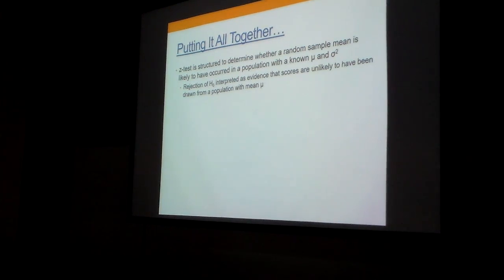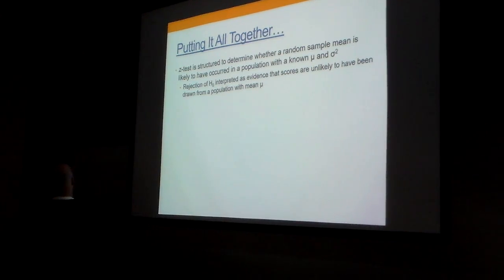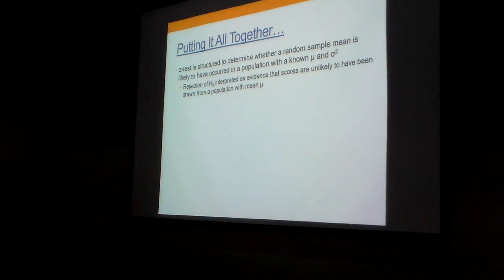So again, if I'm wanting to see if people who attend university have higher achievement scores than the general population, I can say, well, I know that the average achievement score on this exam is 100 in the population with standard deviation equal to 15, right?